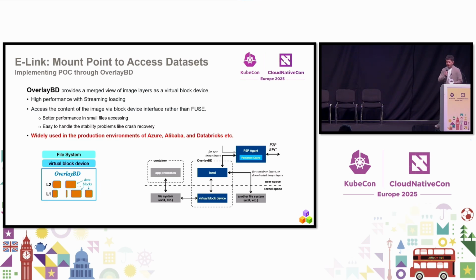For the proof of concept, we chose OverlayBD. OverlayBD provides a merged view of image layers as a virtual block device. It supports on-demand data transfer at disk sector level, and it also provides a mount point via a block device interface rather than FUSE, which has better performance in small file access and is more mature in handling stability problems like crash recovery.